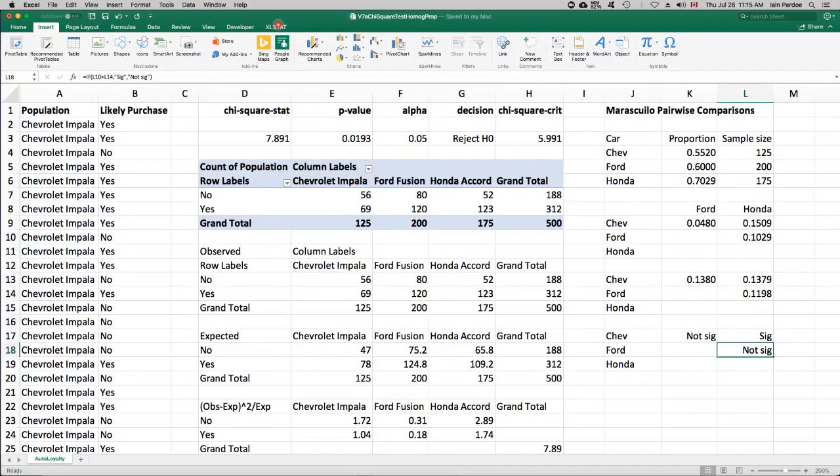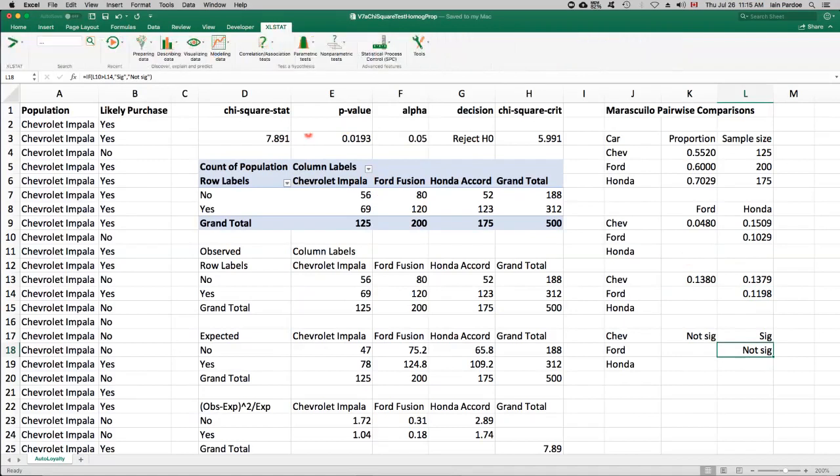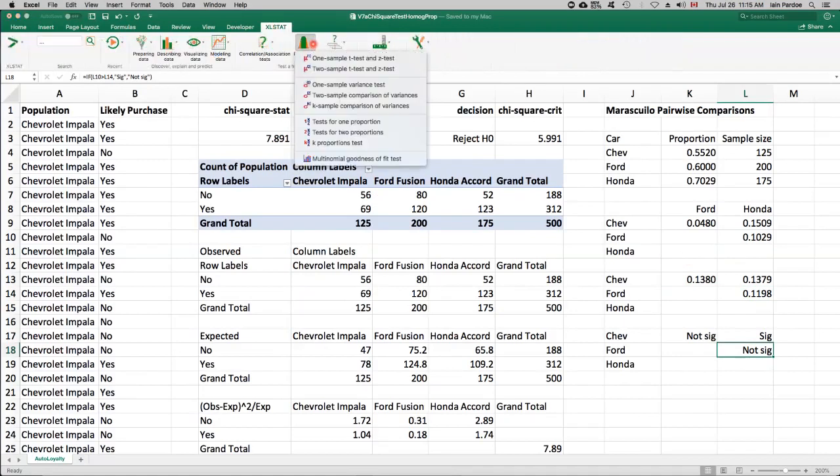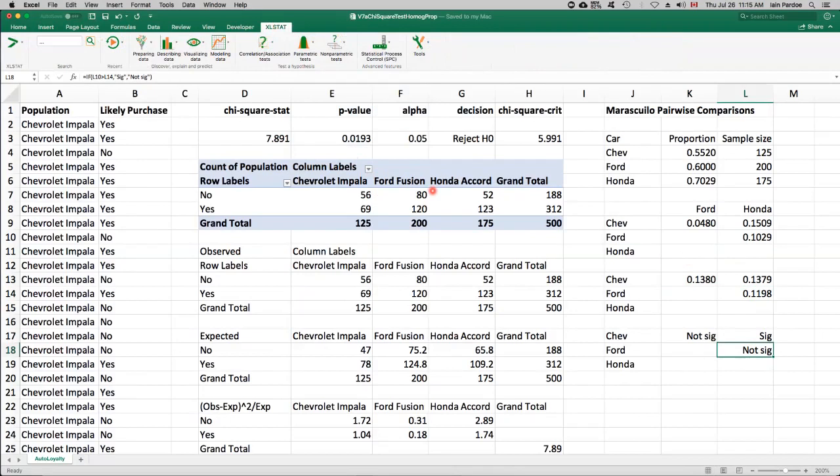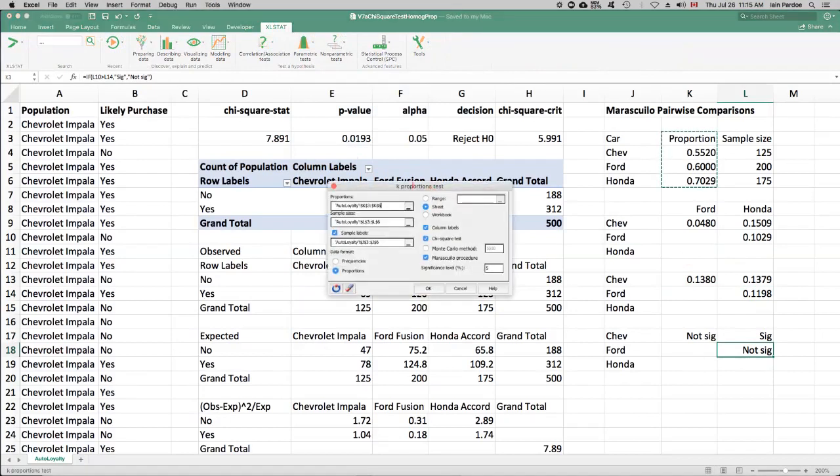So let's see how ExcelStat handles all this. So we'll do a parametric test, and this is a K proportions test. K just stands for the number of populations we're looking at, and K is 3 in this example. And then the data, it can't analyze the original data set.